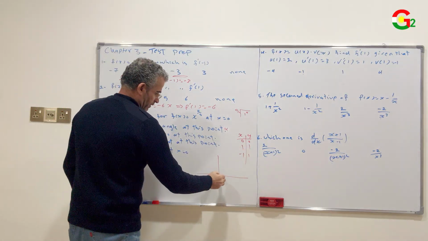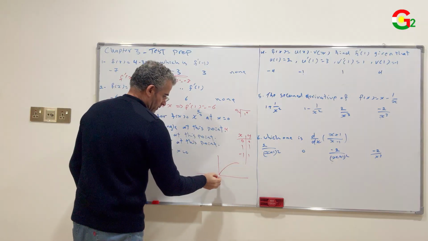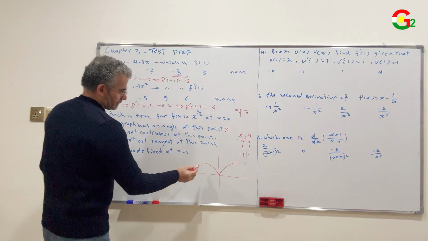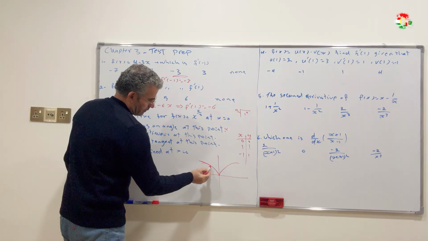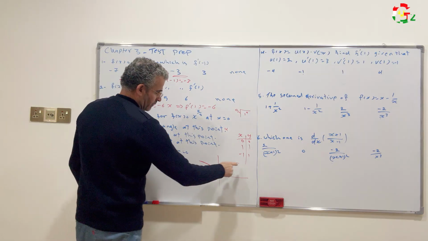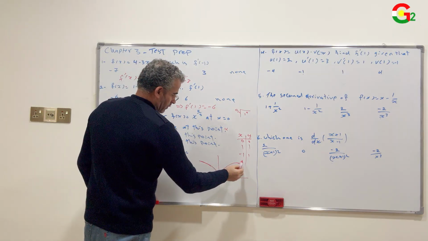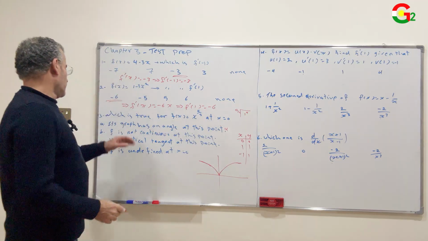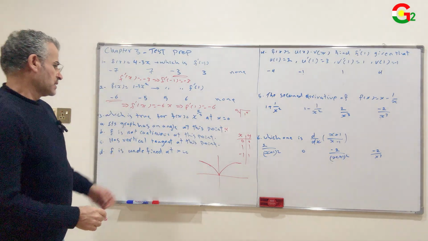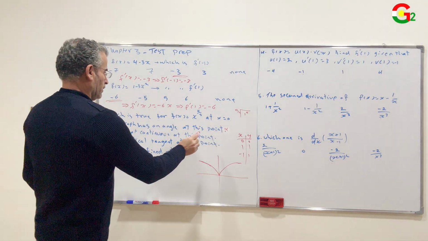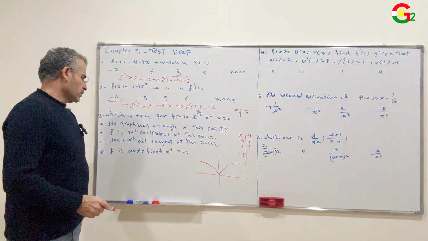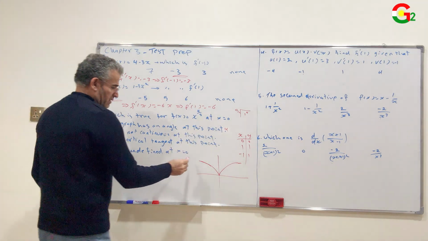Then the graph of this function looks like this. And the function has no angle at this point. F is not continuous at this point.